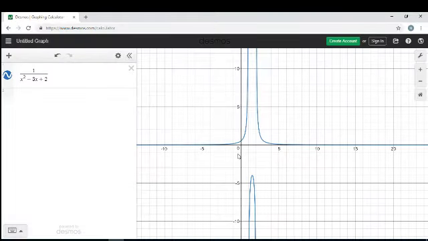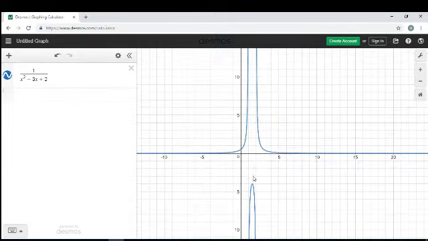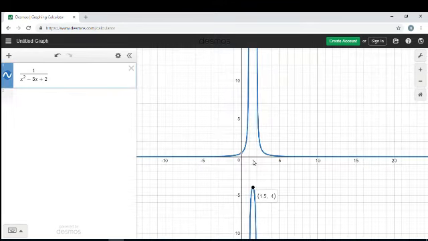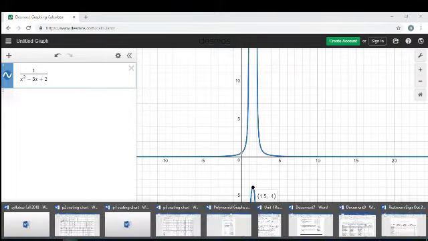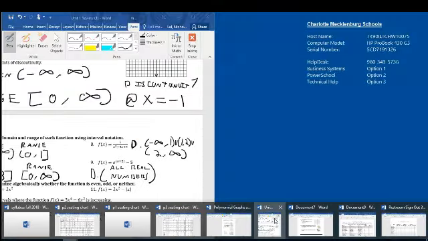Except you do have a break right here between 0 and negative 4. So it actually ranges from negative infinity to negative 4, and from 0 to infinity.